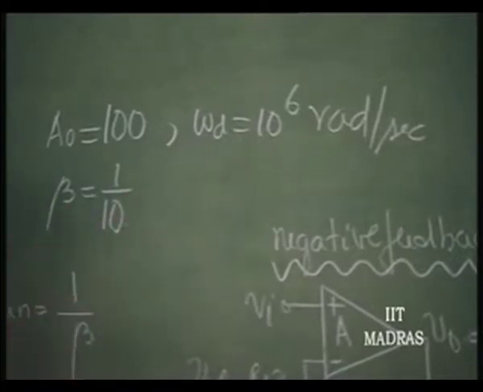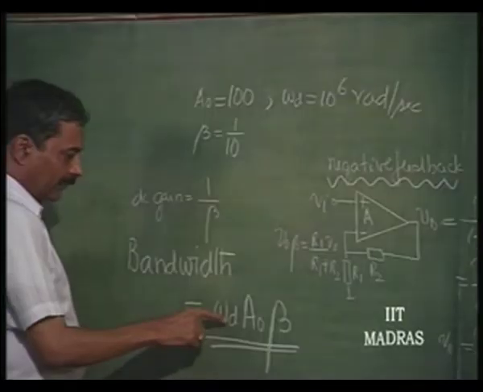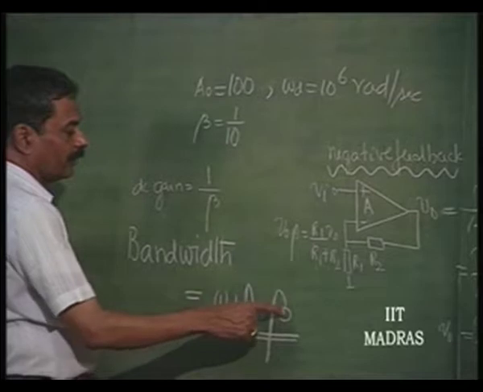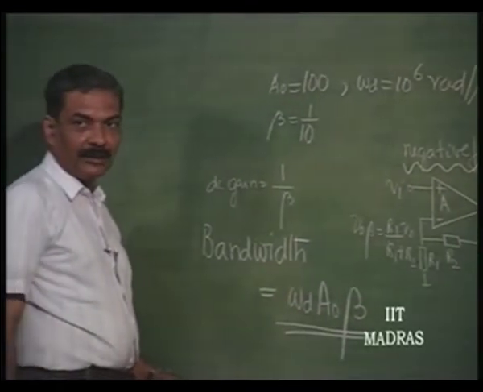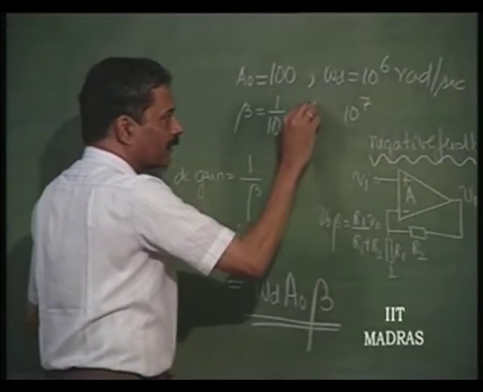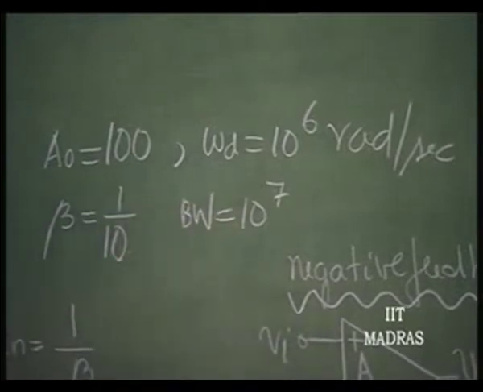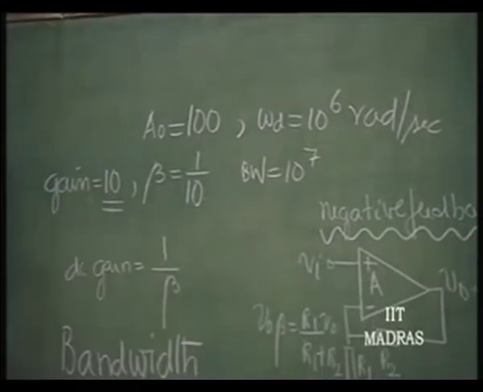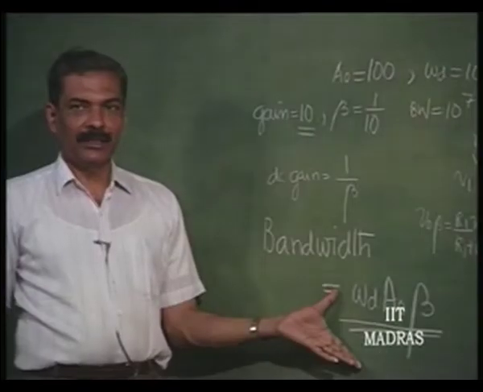Then the bandwidth for the amplifier with gain equal to 10 is going to be 10 to the power 6 into A naught into beta, which is 10 times the original bandwidth. That means it will be 10 to the power 7. Gain is equal to 10. So, this is what is going to happen in widebanding.